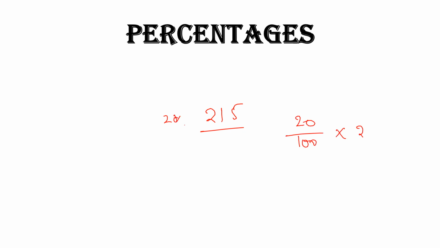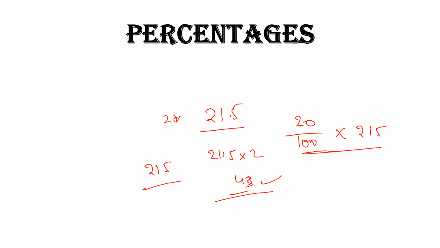But here what we can do, 10% means 21.5. So into 2, 43. 43 is 20% of 215. Got it? So whatever they ask, 20%, 30%, 40%, we can do it like this.